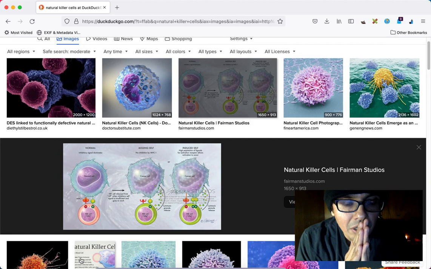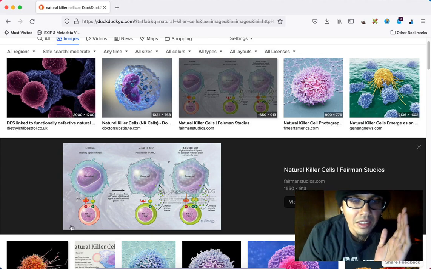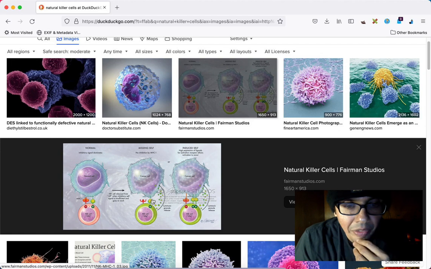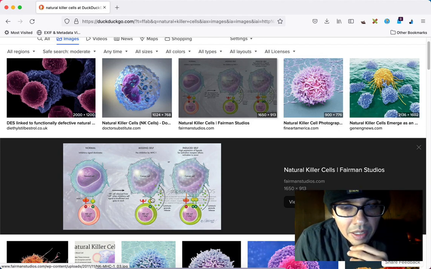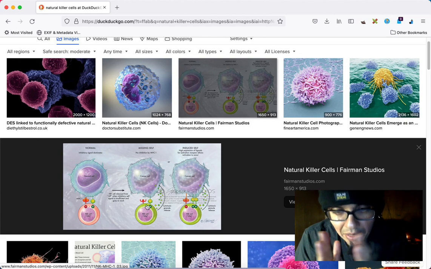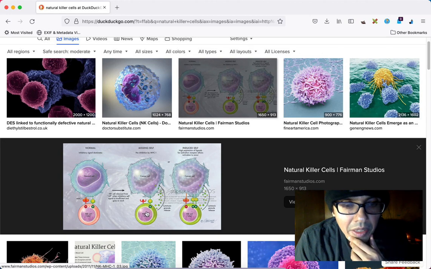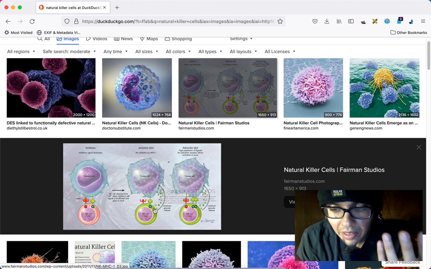But if your cell happens to have self-antigen, each natural killer cell will detect the self-antigen. So if there's more self-antigen than there are pathogenic antigens, as indicated in this diagram, roughly, what's going to happen is, if there are more pathogenic antigens, the natural killer cell will be activated, and once it's activated, it will perform the killing function.